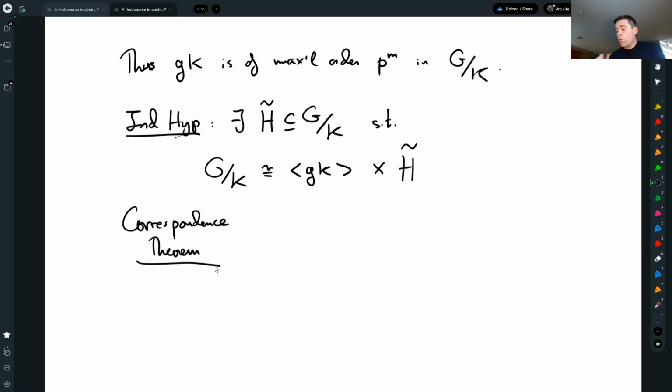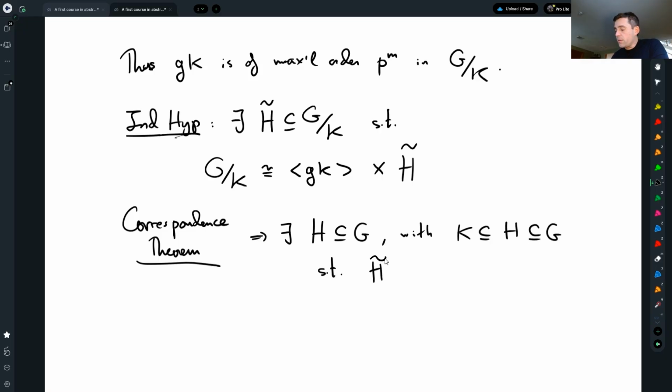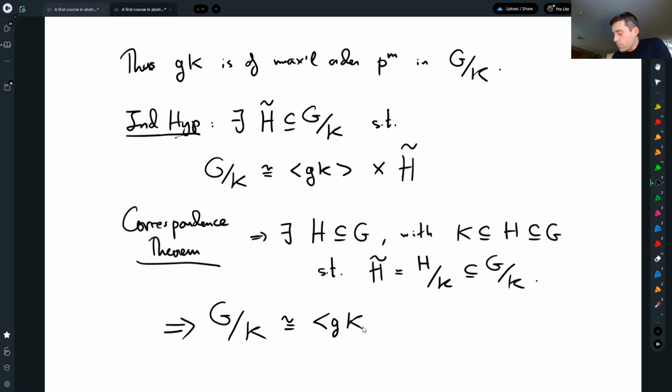The correspondence theorem for quotients told me that subgroups of a quotient group actually come from subgroups of the group that contain K. So it tells me that there is some subgroup H in G, with K contained in H contained in G, such that this H tilde, a subgroup of G modulo K, is actually H modulo K contained in G modulo K. So what this tells me is that G modulo K is isomorphic to the subgroup generated by gK cross some H modulo K. And what I claim now is that that's the H I want for G itself.